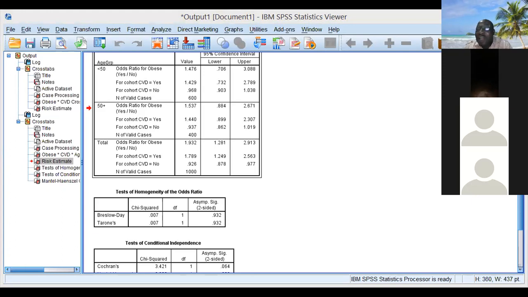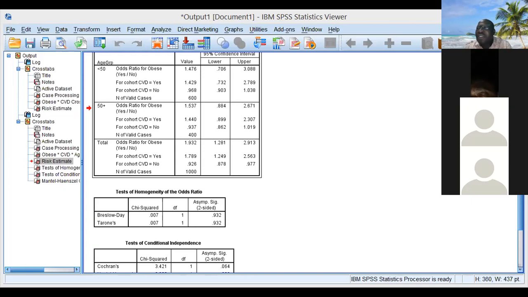The total is significant. But when we now split it into two, less than 50 and 50 and above, and you look at their odds ratio, the odds ratio of each of them is not up to 1.93. One is 1.48, one is 1.54. Now, for each of them, they are not even significant. Can you see?